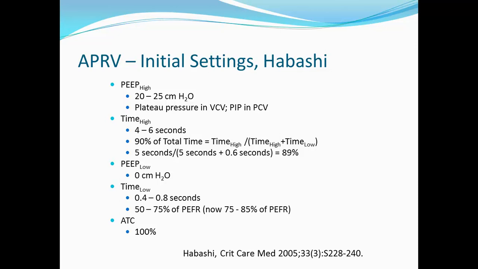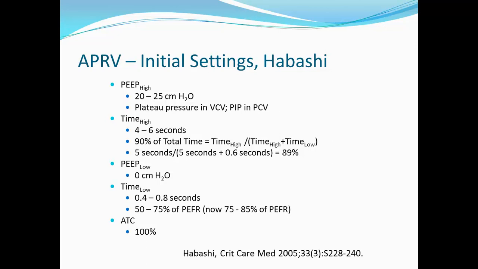The initial ventilator settings that I've used here are from Habashi's article on critical care medicine from 2005. Even though that article is rather dated, it is still, I think, the best article on a very good prescriptive description of APRV. Dr. Habashi recommends starting with a P high of 20 to 25 centimeters of water.